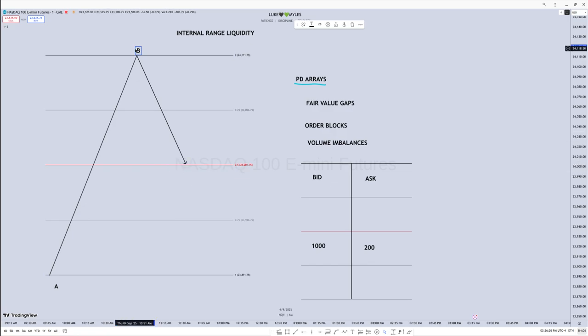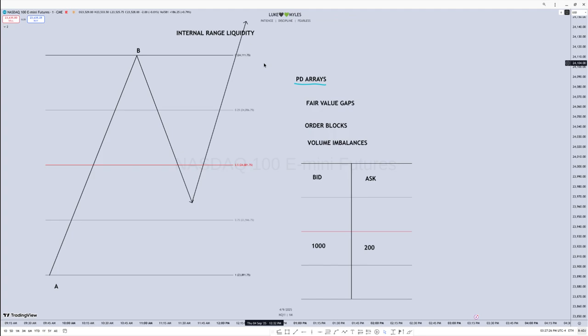But if they put in orders that are enough to sponsor a move to come back to pick the price point which had a large cluster of unfilled orders, so this cluster had 1,000 unfilled orders, and if the market can come back and drop into that level to pick up these orders as fuel, then continue in the direction in which it was going. So that is basically the criteria of the internal range liquidity.